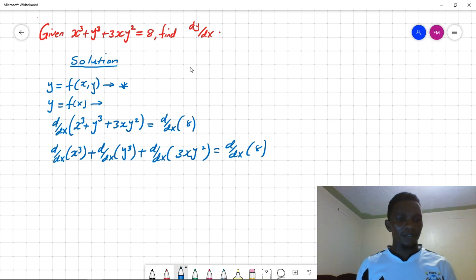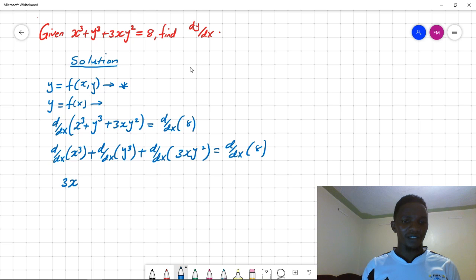When it comes to differentiating the first term, we've got no problem because we are differentiating x cubed with respect to x, and therefore this is going to be equal to, using the power rule, we drop 3 down and subtract 1 from the power, so we will have 3x squared.